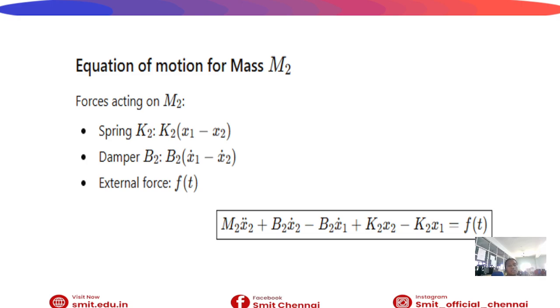So B2 into d(x1 minus x2) divided by dt. External force is applied on mass 2, denoted as F of t. According to Newton's second law, the applied force F of t is equal to the sum of all opposing forces. Summing all these values, we get the equation of mass 2.